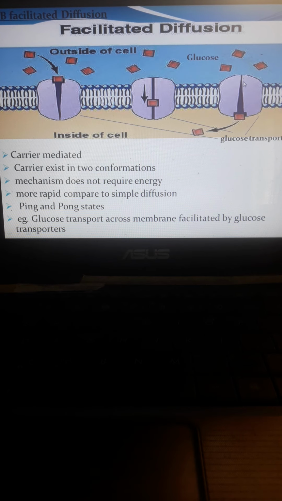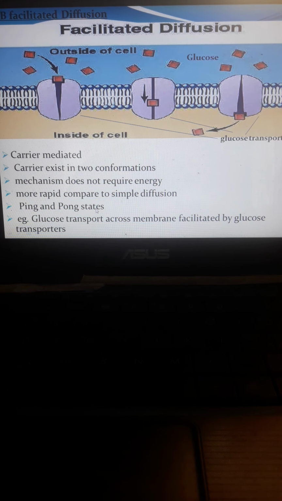Once the biomolecules or other compounds pass through that carrier or are carried by the transporter from the outside environment of the cell down to the inside environment of the cell, it is more rapid compared to simple diffusion. Yes, once the biomolecule fits that carrier, it transports quickly.